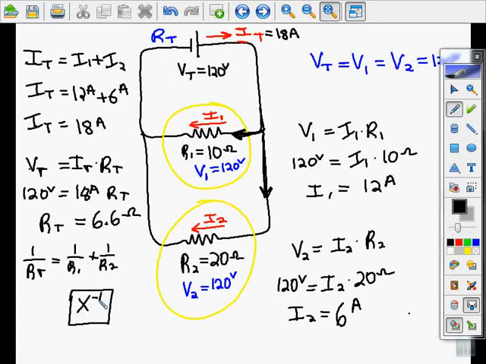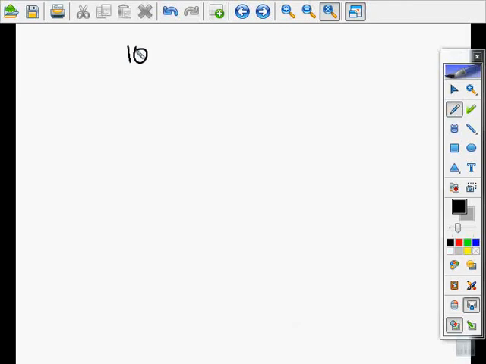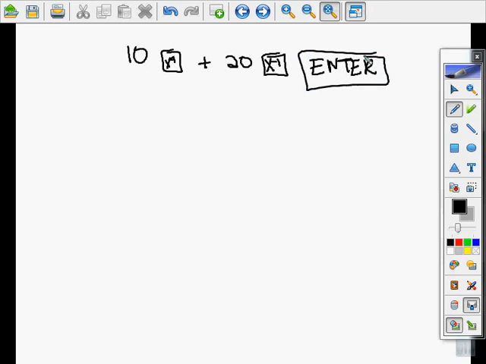So I would put in 10, hit the 1 over x button, plus 20, 1 over x, equals, and then hit the x to the negative 1 button again.